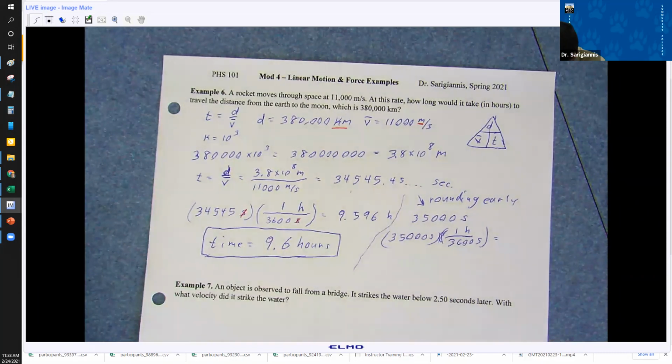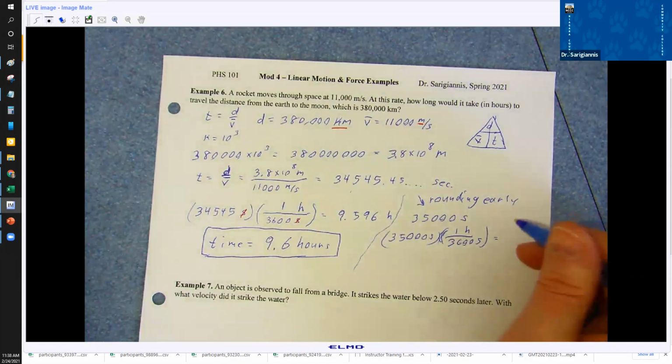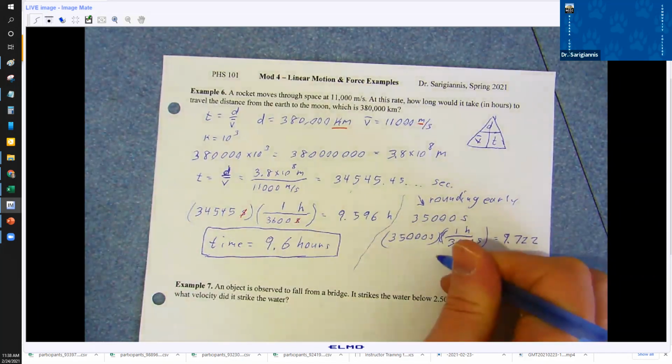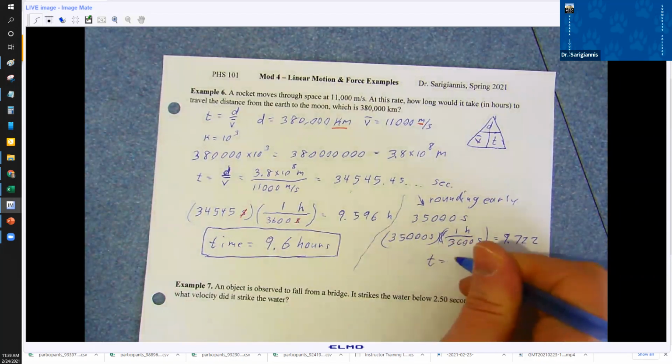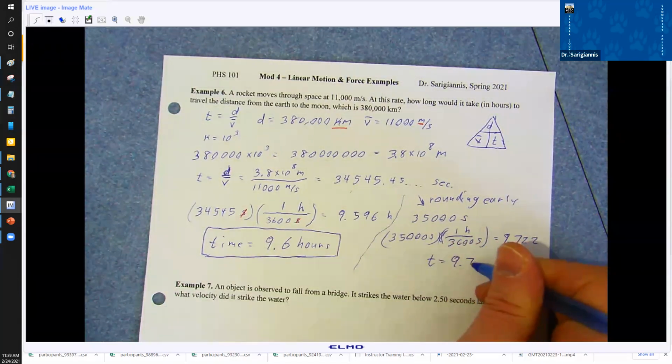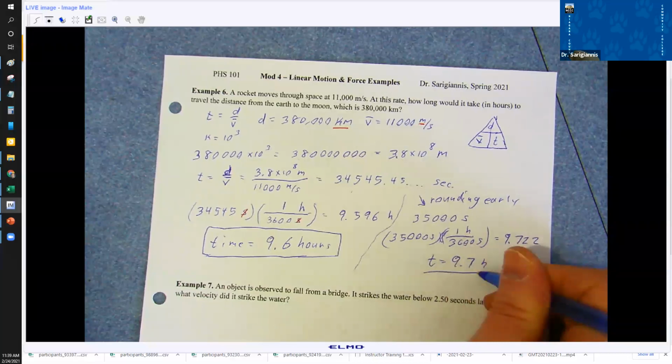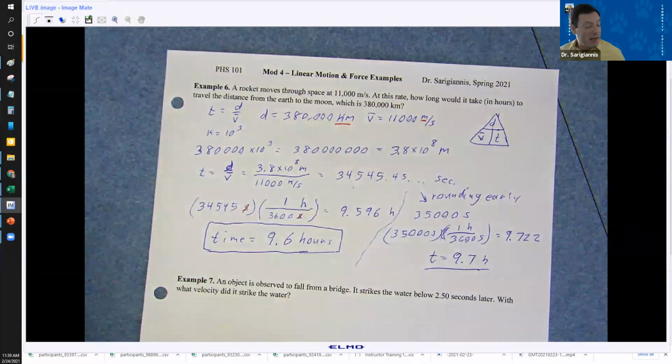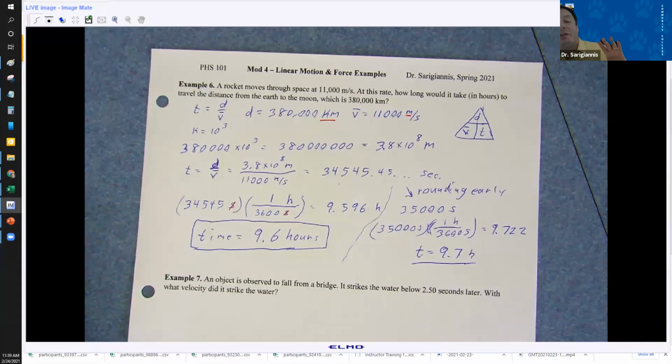And this is going to give me 9.722. So this would have given me a time equal to 9.7 hours. So you can see the only point here is that depending on where you round, you could wind up with a different answer.